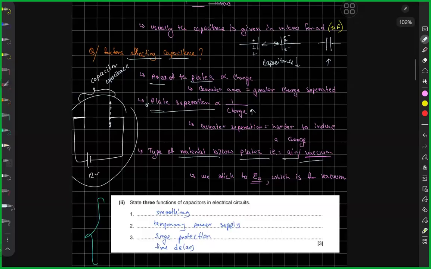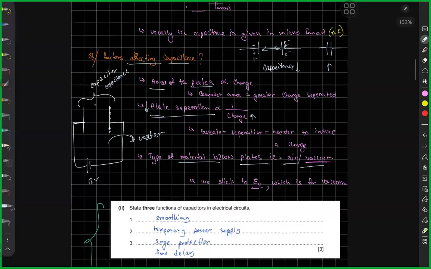Do I have this set up inside water? Is it distilled water for some reason? What is the space that I have between the capacitor plates? That dictates how well a positive charge can be induced over here because it affects the field forces of the charge. So basically, when you have a space in between, that affects how the charges interact with each other.